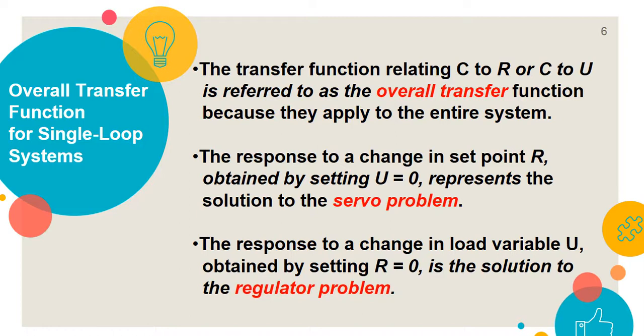We want to hold the value of the controlled variable, so the set point is not to be changed. What is going to be changed is, of course, the manipulated variable, so that the effects of the load or the disturbances on the controlled variable are reduced or mitigated. That's regulator control. So set point changes are equal to 0. What is changing here is the load variable.